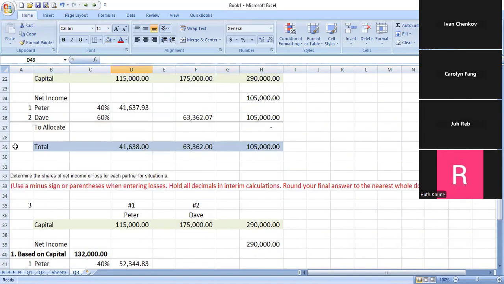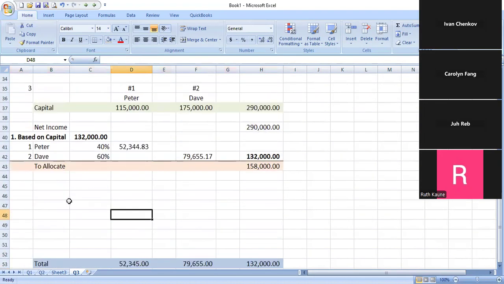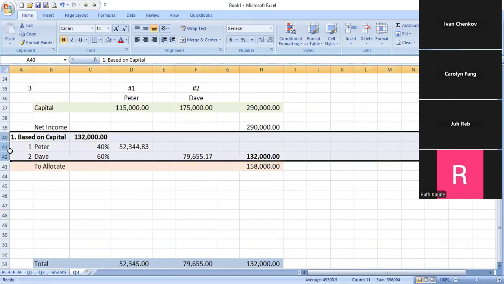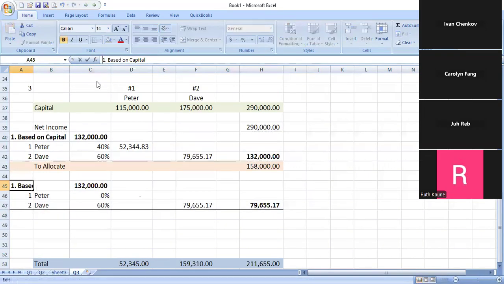So the next one will be the next 100 based on the partner service, 20 to 80. What I can do is copy this part and make some modifications here. Number 2 will be based on the service.